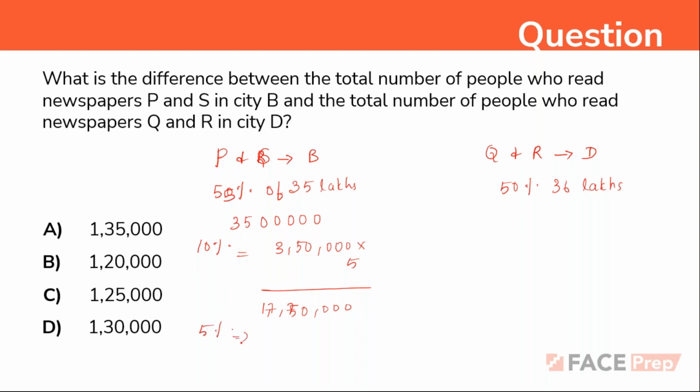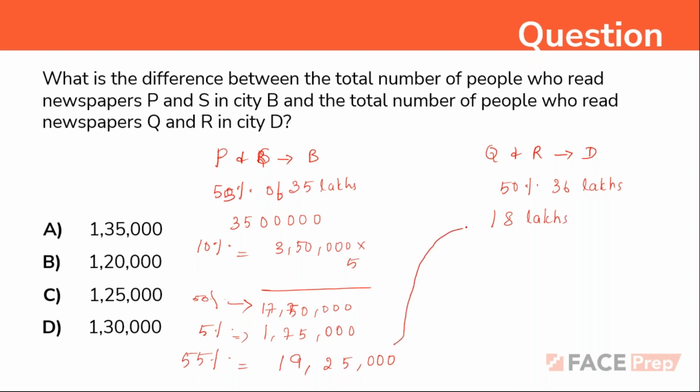So 5 percentage will be half of it, 1,75,000. So 50 percentage is 17,50,000. So what about 55 percentage? 55 percentage will be around 19 lakhs 25,000, right? And 50 percentage of 36 lakhs is very easy. It is around 18 lakhs.